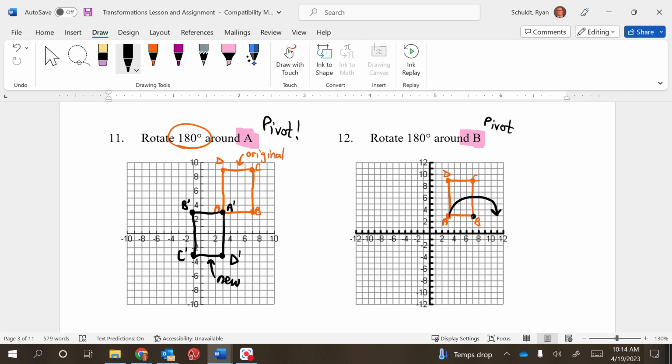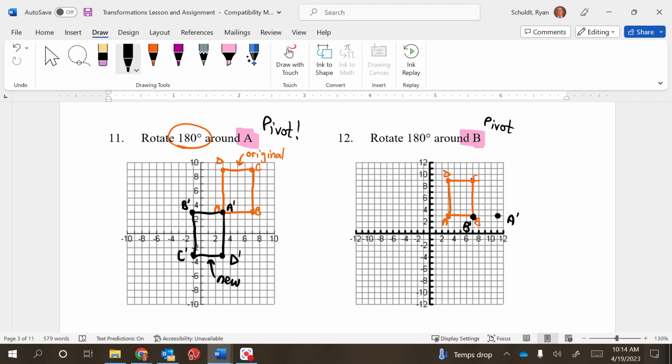B is our pivot. B stays in place. So that means A has to swing 1, 2, 3. A's got to swing all the way around to here. That's A prime. This is B prime. Like, how's that a new B? It stayed in place. Well, it kind of did.